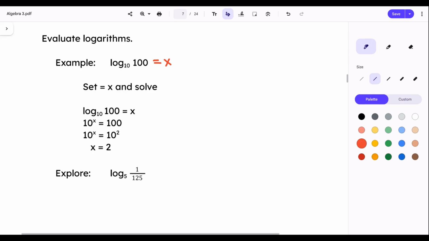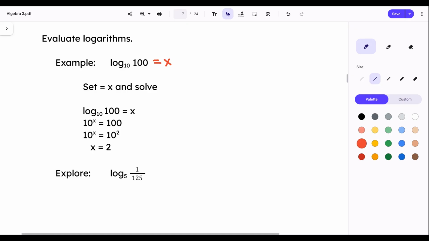Then what they did in order to solve it is they took the log form and rewrote it back into the exponential form. So they rewrote it with 10 raised to the x power equals 100. Now, some of you are already going to know 10 to something is 100, okay? Some of you are going to be able to do that just mentally.